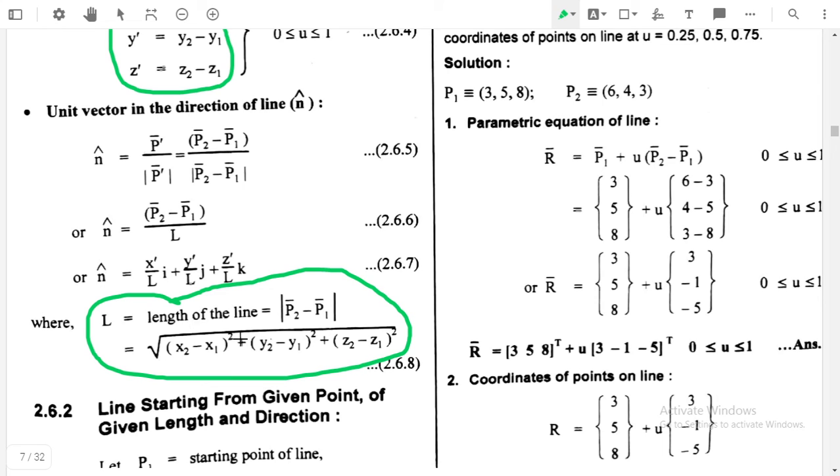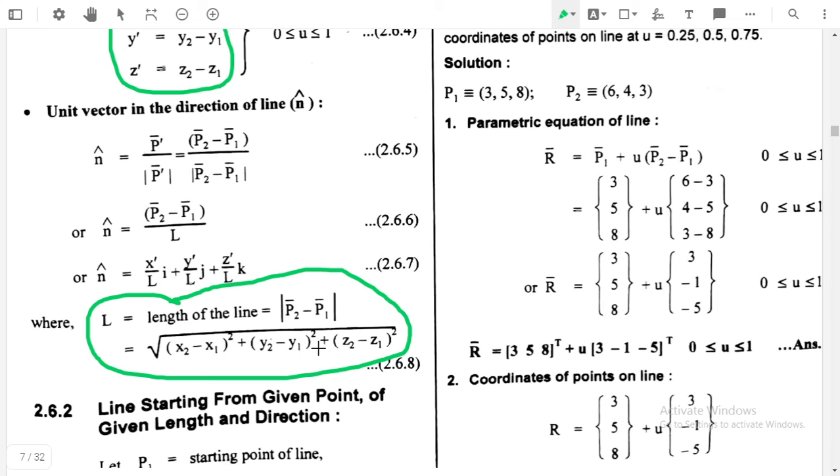We can find the length of the line by this equation: square root of (x2 minus x1) squared plus (y2 minus y1) squared plus (z2 minus z1) squared. All these terms are under the square root. So by putting the values in that equation, we will get the length of the line.